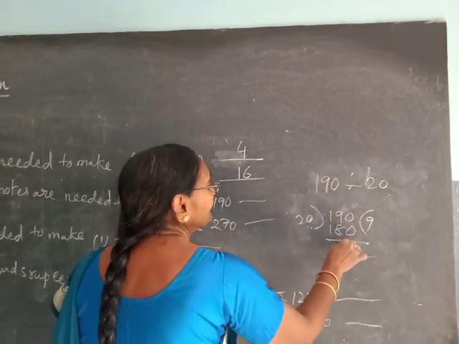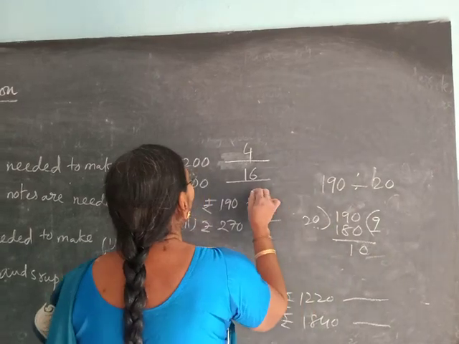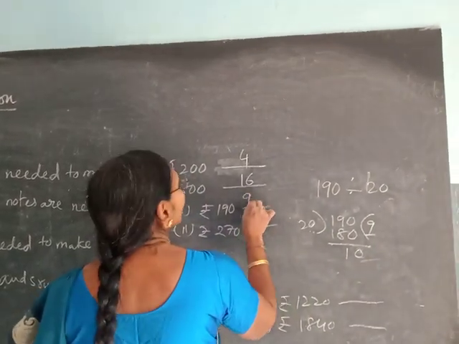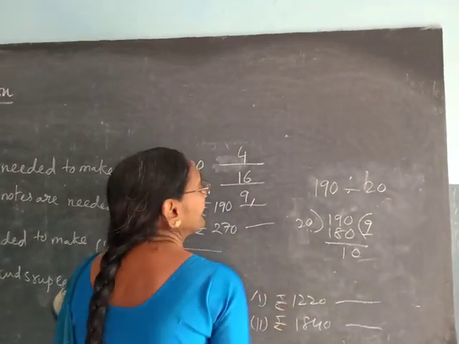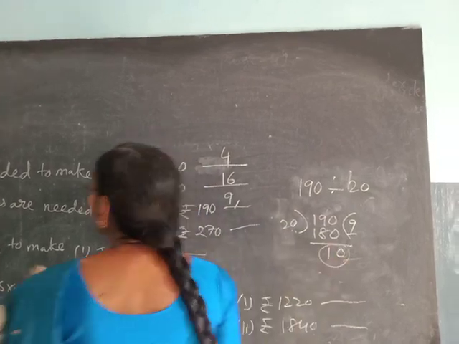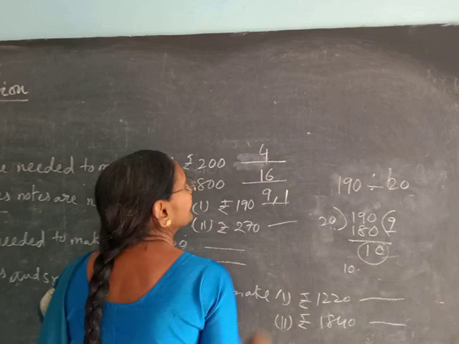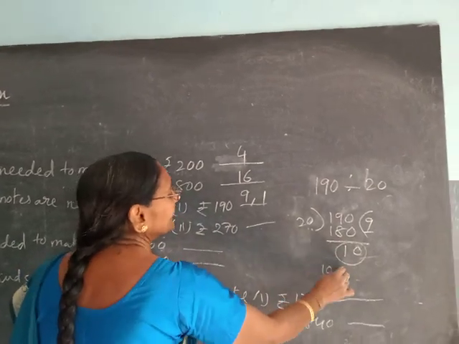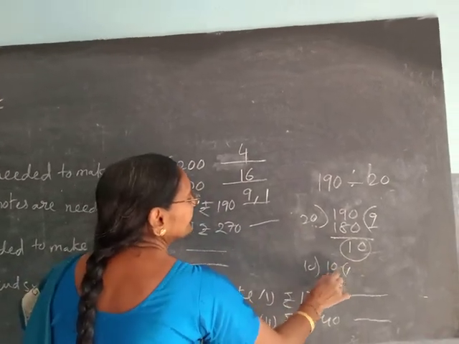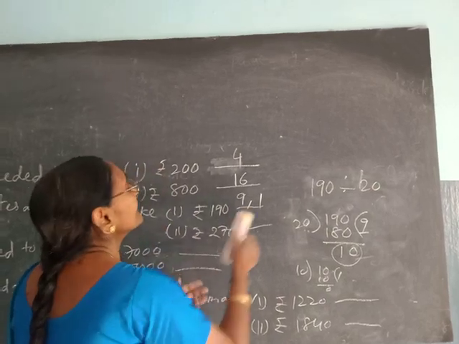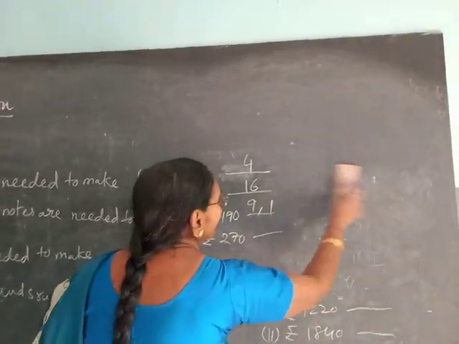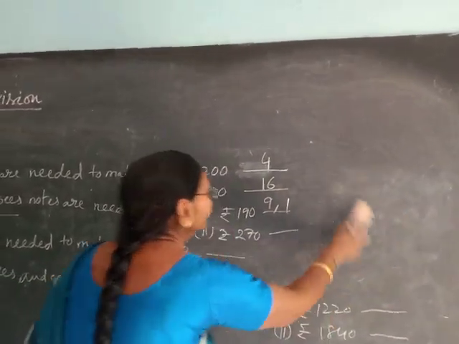Then how much will come? 10. So 9 notes of 20 rupees. Then 10 is there, which means how many 10 rupee notes? It is only 10 rupees, so only 1 note. So 9 notes of 20 rupees and 1 note of 10 rupees are needed.